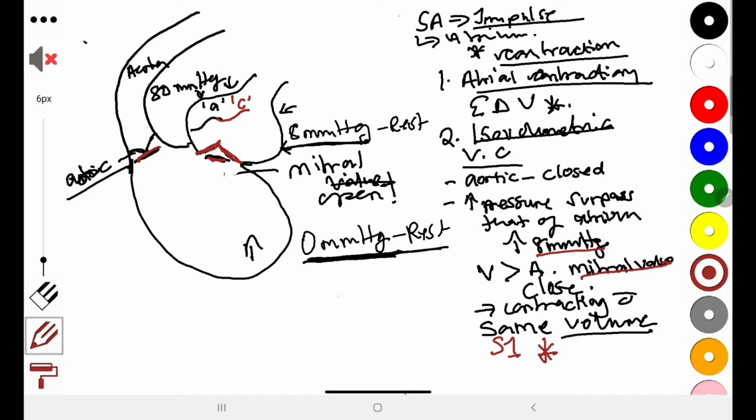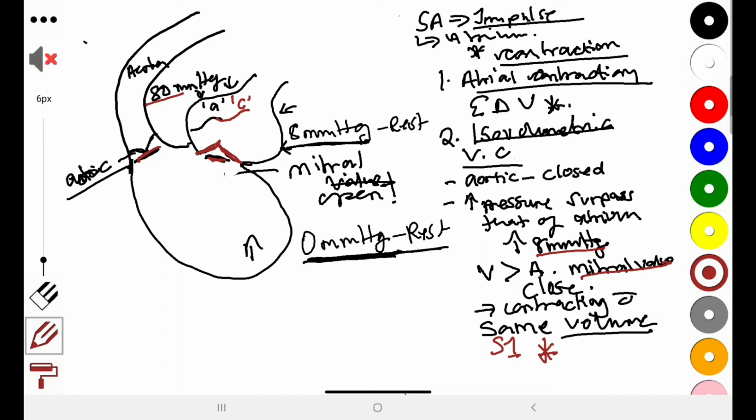So at this point it is more than 8, but not yet more than the 80 that is in the aorta, so it cannot yet open the aortic valve. That is what is happening here.